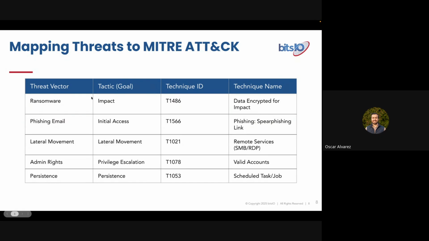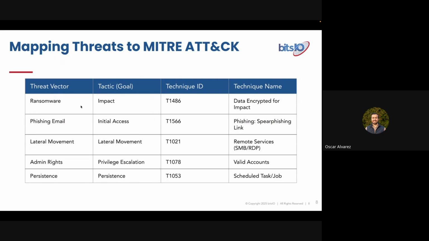So the idea with MITRE ATT&CK is to map some of those threats to your data. With an understanding of how the matrix works, you can start doing some of that mapping and ensure that you have the data you need to protect against those threats specifically.